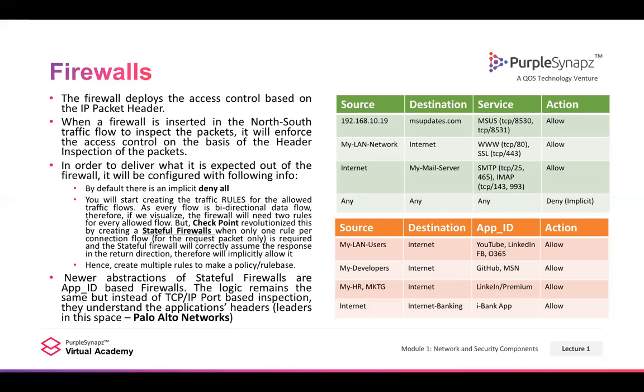So this iBank app should be able to come from outside as internet source, and should be able to reach my internet banking server as a host. And the app ID is iBank. So this is my own, and I will say allow. Whatever you allow, only that is allowed, and the rest will be blocked. This is how these firewalls work.